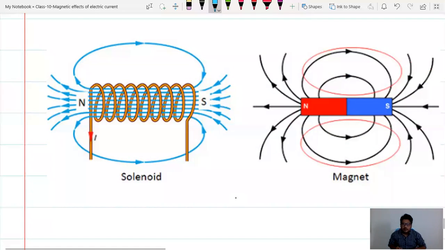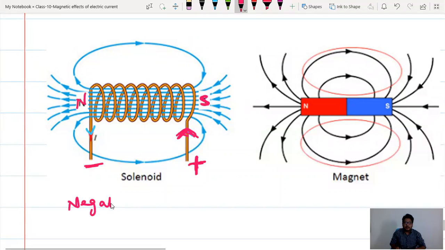So here, while coming to the direction, if current is entering, that point, I mean the positive terminal, will produce the south pole, and the negative will have the north pole. Very easy to understand.